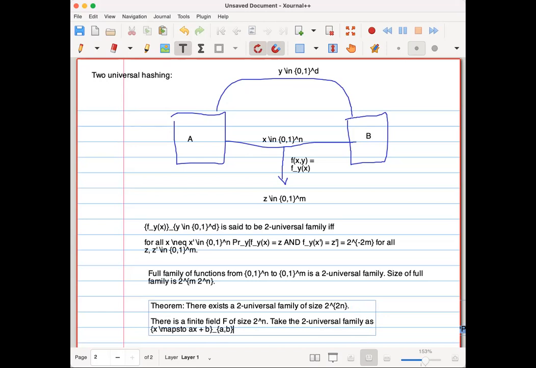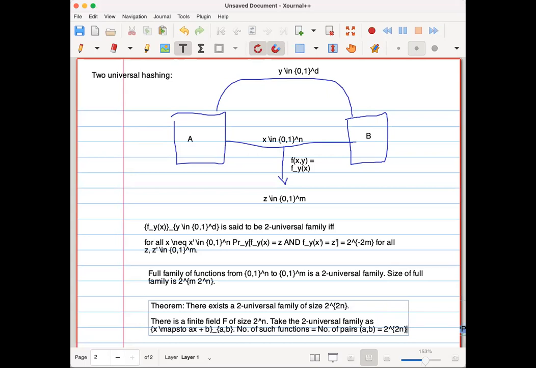The family of functions is indexed by a and b, which are arbitrary elements of the finite field. So the number of such functions is equal to the number of pairs a, b. You take any two elements of the field F and define a function ax plus b.